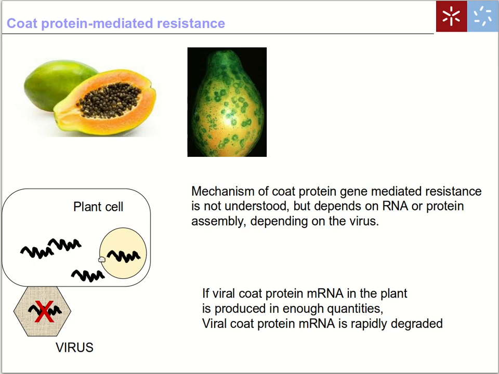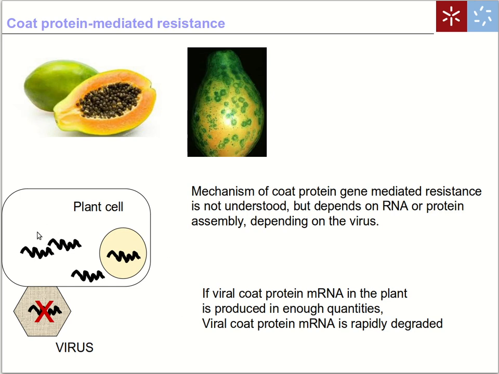Another mechanism is the assembly of the virus itself. By already expressing the coat protein of the virus, it is thought that this overexpression of the coat protein, together with the virus's own expression, somehow interferes with the assembly of the virus, so that the viruses that are produced cannot infect new cells.